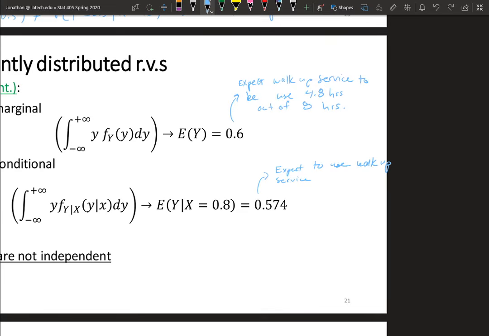So 0.574 times 8 is 4.592 hours, 4.592 hours out of 8 hours, given that the drive-up service is used 6.4 hours.